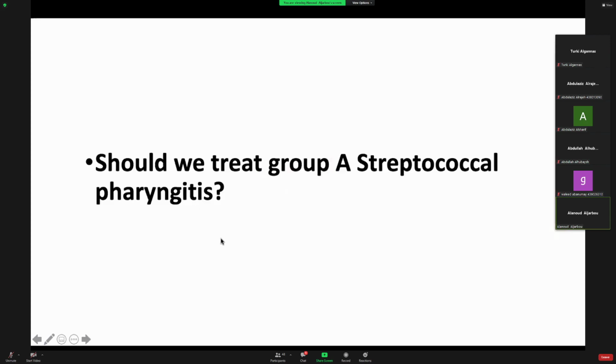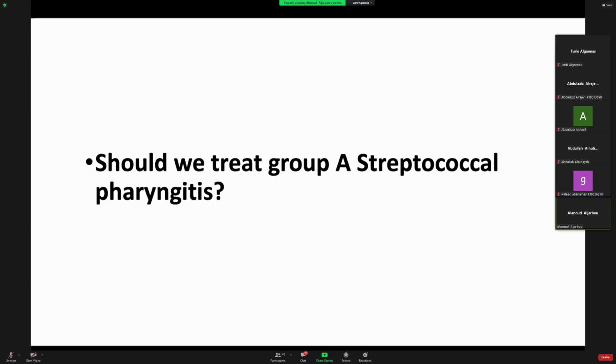So why do we treat group A strep? Any thoughts? To prevent acute rheumatic fever. Exactly, to prevent a non-suppurative complication, mainly acute rheumatic fever.